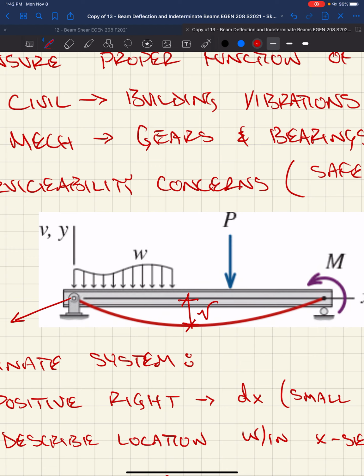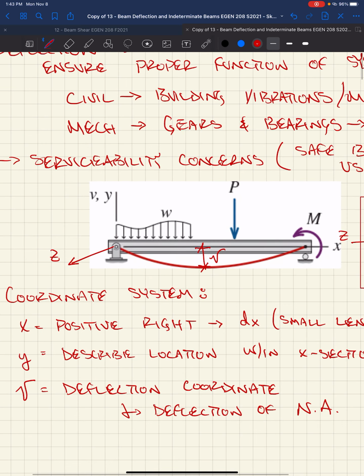So as we look at our beam, and we analyze it based on externally applied forces, right? We've got maybe an external moment, concentrated point load, uniform load of varying degree, right? Acting on this beam. This beam deflects because of these externally applied forces. Right? We get this deflection of our neutral axis. It would move in the Y coordinate system, right? An amount that would be considered V, right?